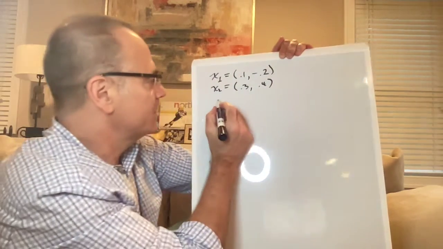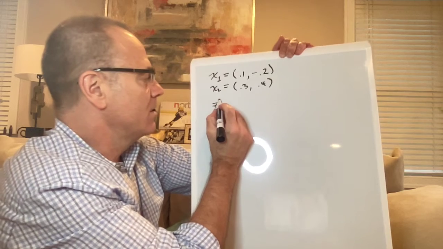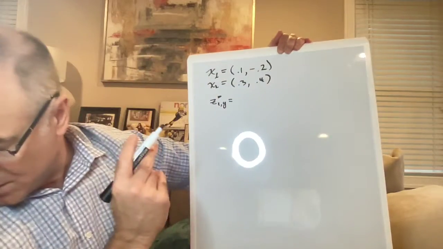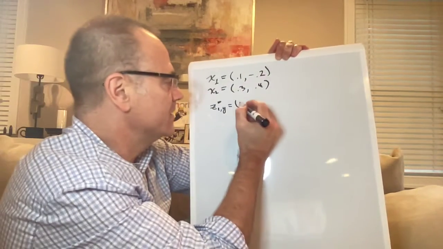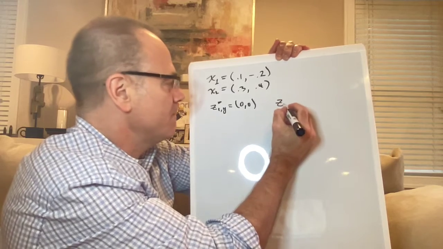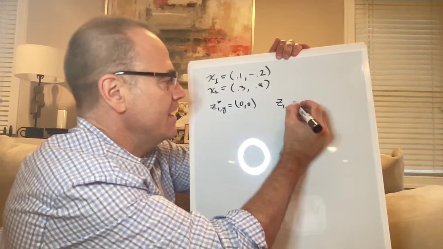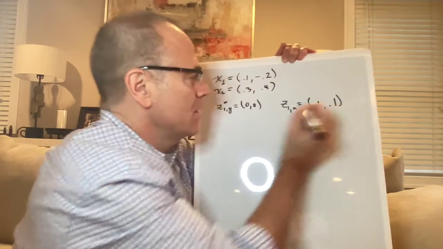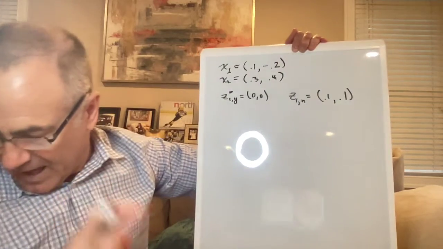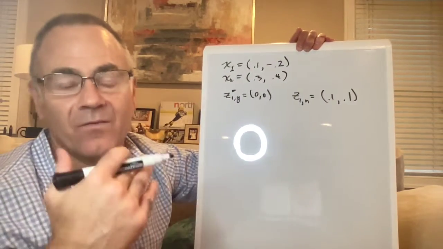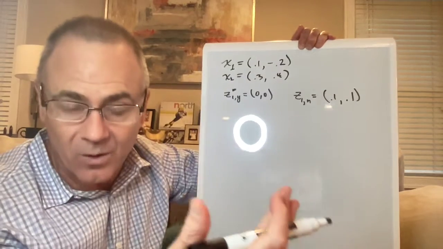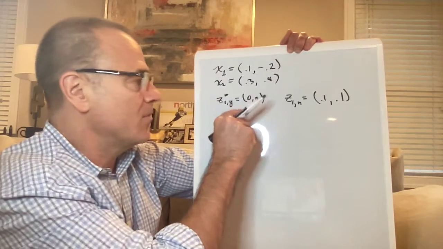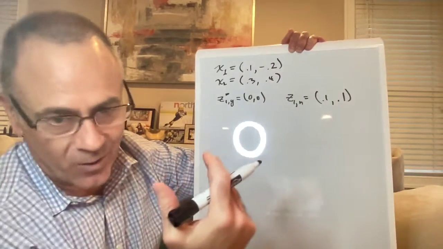And then the bill locations, we had z1 yea, so roll call 1, the yea alternative is 0, 0. z1 nay equals 0.1, 0.1. And then I gave you the bill locations for the yea and nay alternatives on the second roll call vote, and then the yea and nay locations on the third roll call vote. So this would have been 4 more terms. I'm not going to write them here.